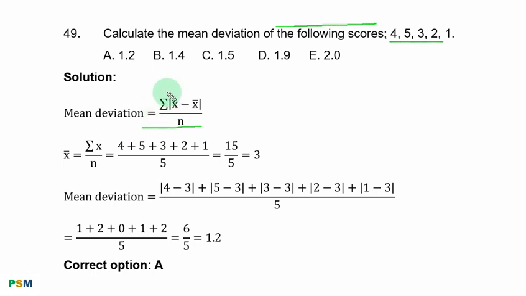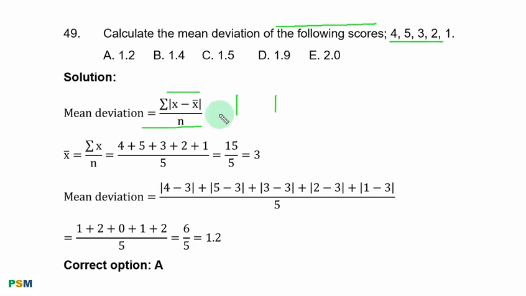Summation symbol of modulus of S minus S bar, that is the mean, over n. This symbol also means absolute value. What it does is that it converts all negative results to positive, while the results that are positive remain the same.